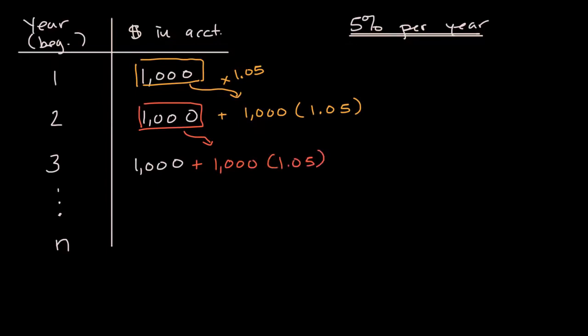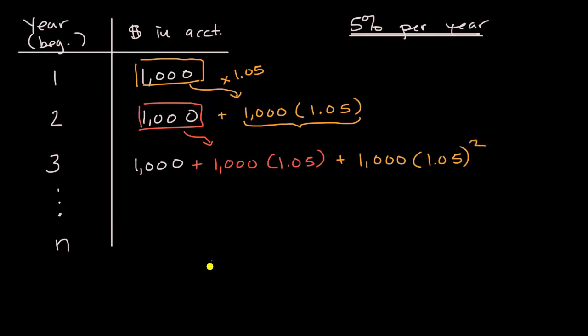And then that money that we originally deposited from year 1, that was 1,000 times 1.05 in year 2, is going to grow by another 5%. And so this is going to be plus 1,000 times 1.05 times 1.05. We could just rewrite this part as 1.05 squared.